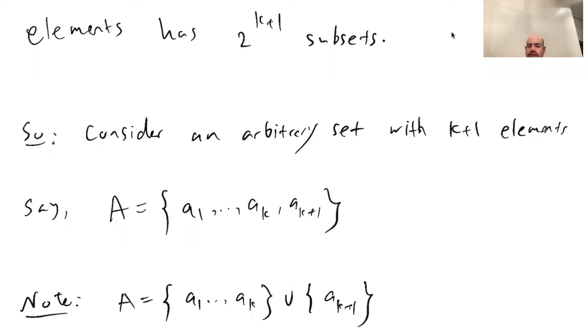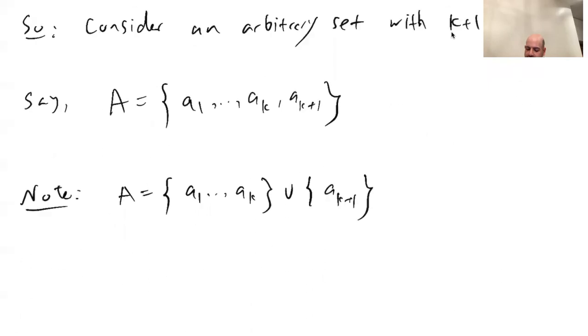Right? Now, when I consider a subset of A, what can I say about an arbitrary subset of A? A subset of A is either a subset of the first set A1 to AK, right?